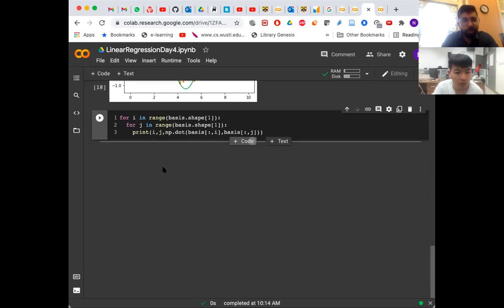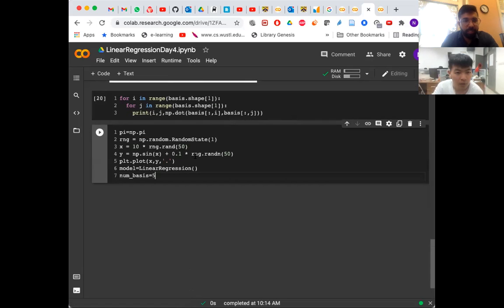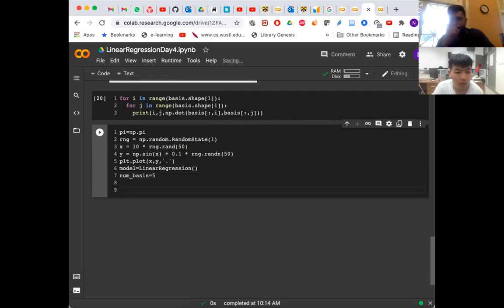By the way, if there are any questions, please feel free to ask. So what did we decide to do? For the Gaussian basis, we decided to split the range, the maximum and minimum value of x, and divide it between n number of bases, right?